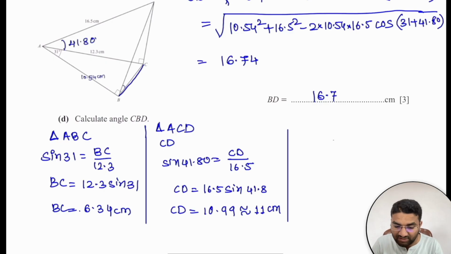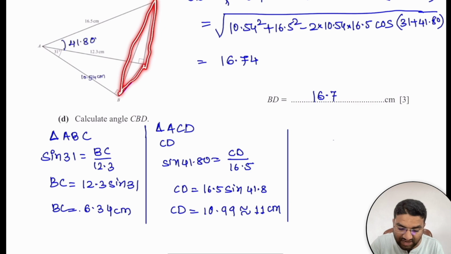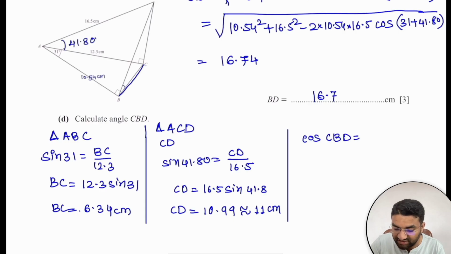Then the cosine rule in the triangle BCD, this complete triangle. Cos of angle CBD is equal to BC square plus BD square minus CD square upon 2 times BC times BD. Substitute all the values.